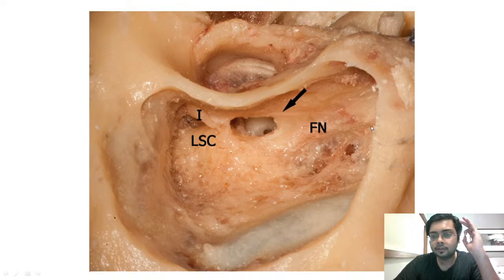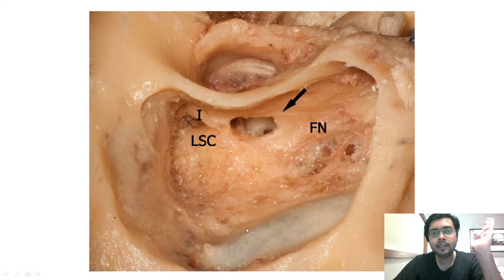Another thing is, doing a cortical mastoidectomy is just a play of colors. We surgeons say that while doing the cortical mastoidectomy, it is very essential that you identify the colors. Superiorly you will find a pinkish color due to the dura. Whenever you are near the dura, the color of the bone changes to a little pinkish.